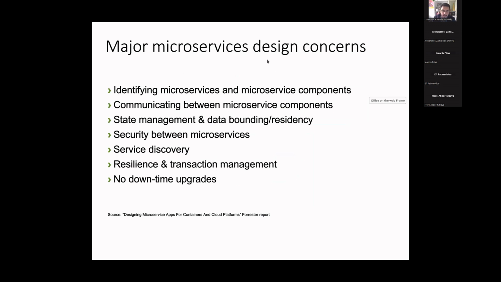The major microservice design concerns are to identify microservices and microservice components, understanding well how the microservices need to communicate, making security between the microservices because there is much more network traffic between them, making the management resilient and transparent, and having upgrades that don't have any downtime.